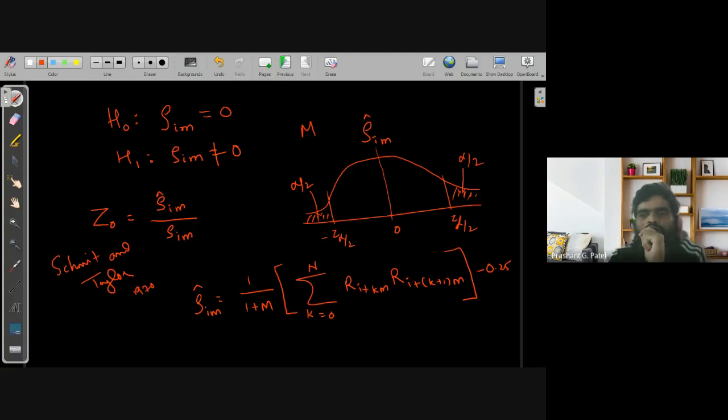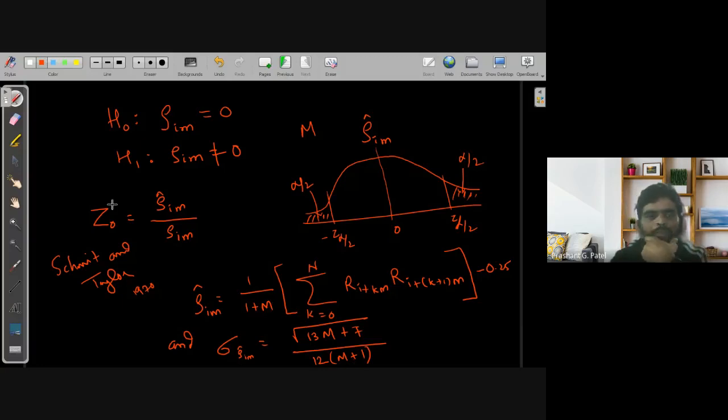So all this value will be minus 0.25, and the variance, that is sigma of this one, is square root of 13 capital M plus 7, upon 12 into capital M plus 1.